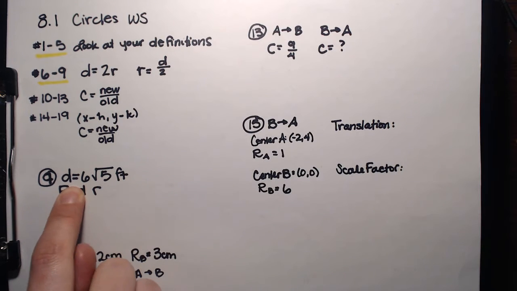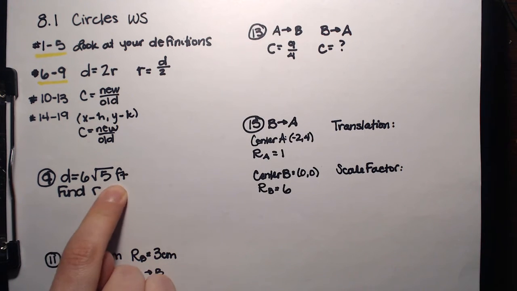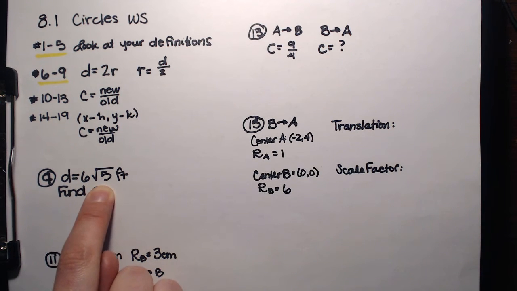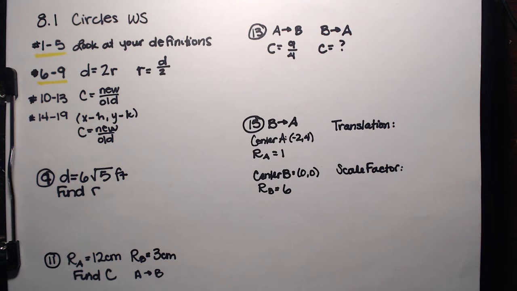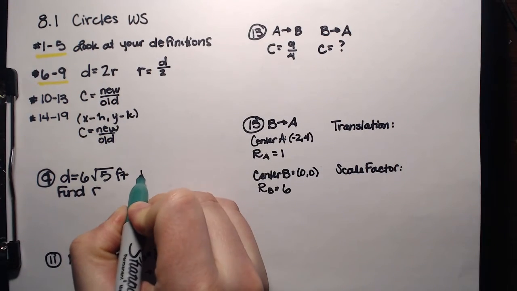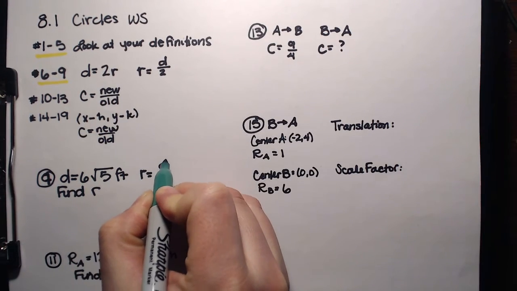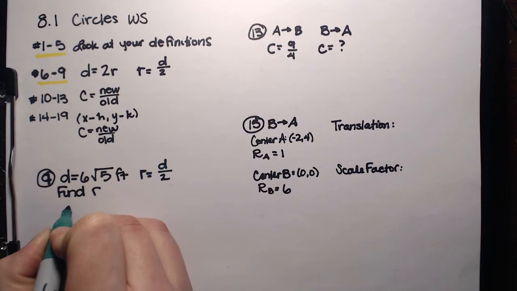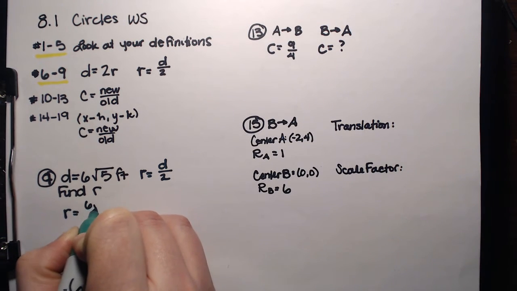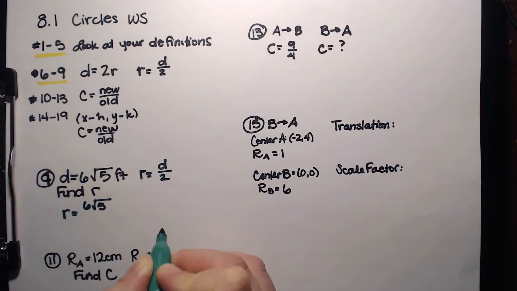On number 9 it says find the radius: what is the radius of the circle with a diameter of 6 square roots of 5 feet? If that's our diameter, remember the radius, it says up in our formulas, is going to be that diameter split in half. So I'm going to take the diameter, that's 6 square roots of 5, and split it in half.